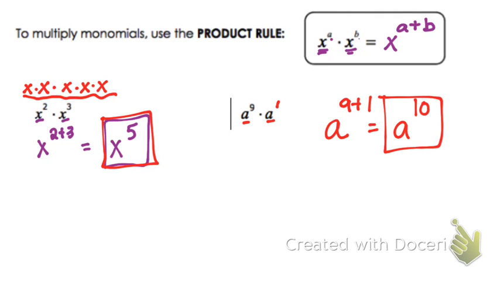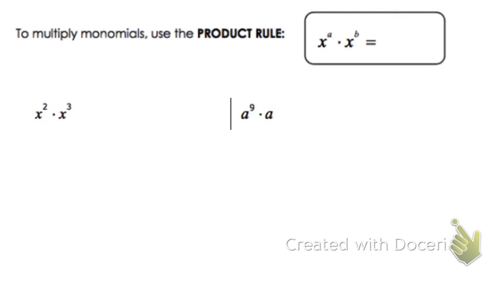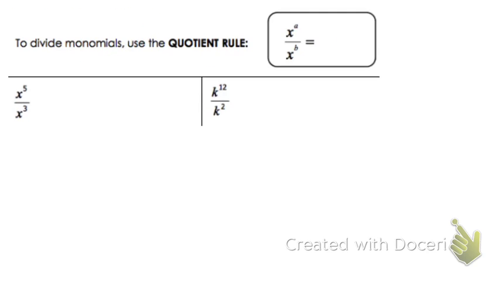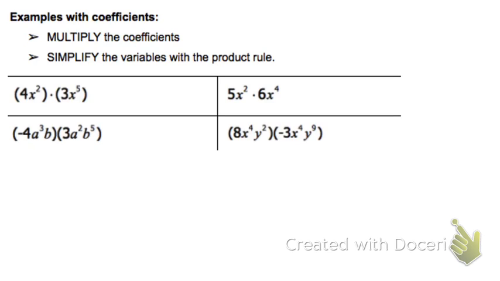Okay, so let's go over a couple more examples with multiplying. Here, when you have coefficients, you're just multiplying those together too. So here, we're multiplying all this together. And you might see, okay, well, I can multiply 4 times 3. 4 times 3 is 12.